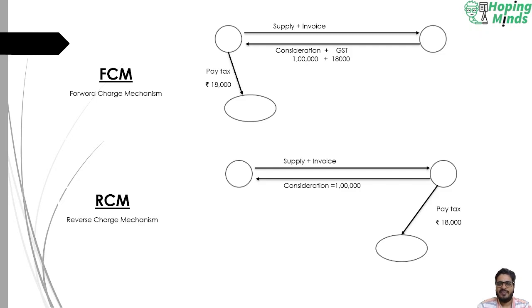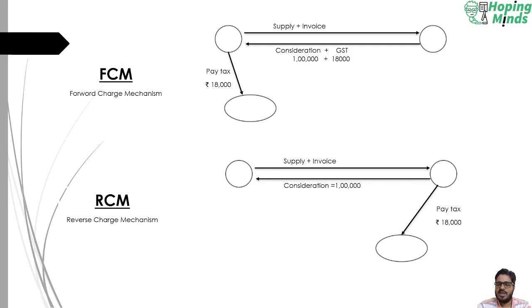This is the transaction cycle in a forward charge mechanism. Whereas in case of reverse charge mechanism, the supplier of goods or services supplies the goods or renders the services and issues an invoice that we call a bill of supply, because GST is not charged in it. Upon the receipt of such goods or services, the recipient pays only the consideration amount, that is the taxable value, but does not pay any GST on it.